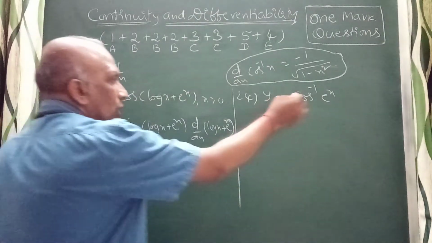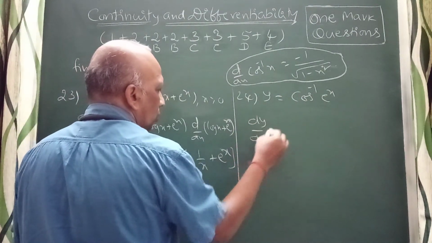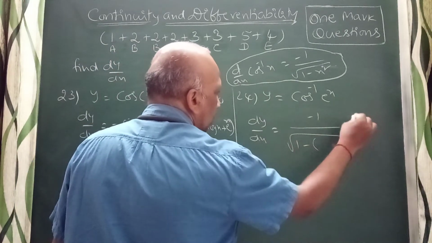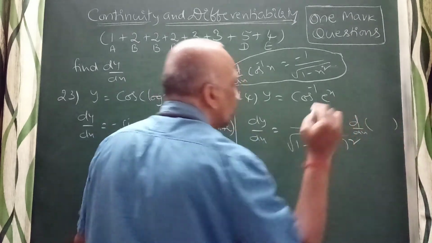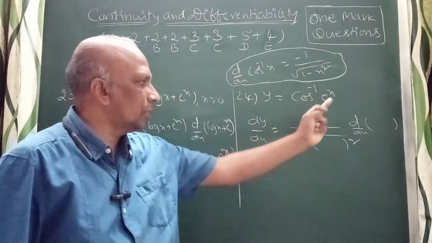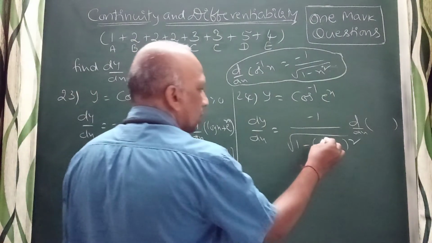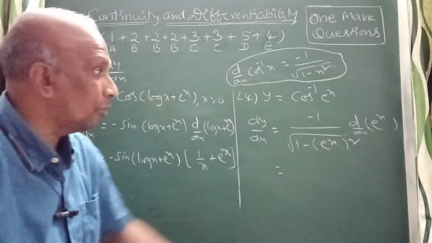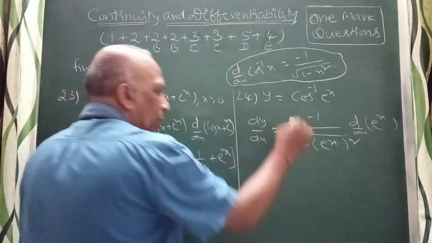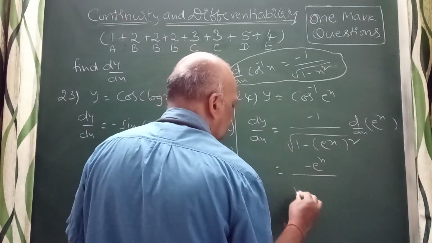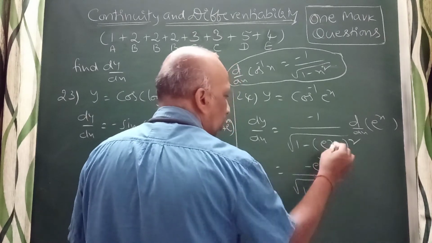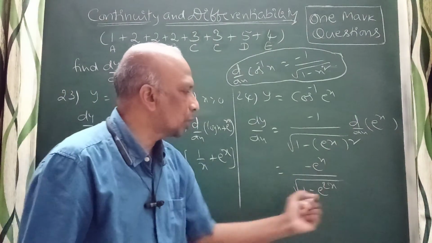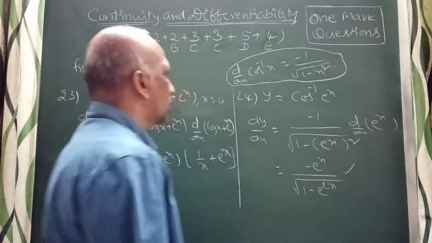If you take cos inverse of e power x, dy by dx is minus 1 by root of 1 minus, in the place of x we have e power x, replaced with that. Just like the previous problems I explained, the derivative of e power x is e power x, so minus e power x by root of 1 minus e power 2x, since e power x whole squared is e power 2x. So this is dy by dx.